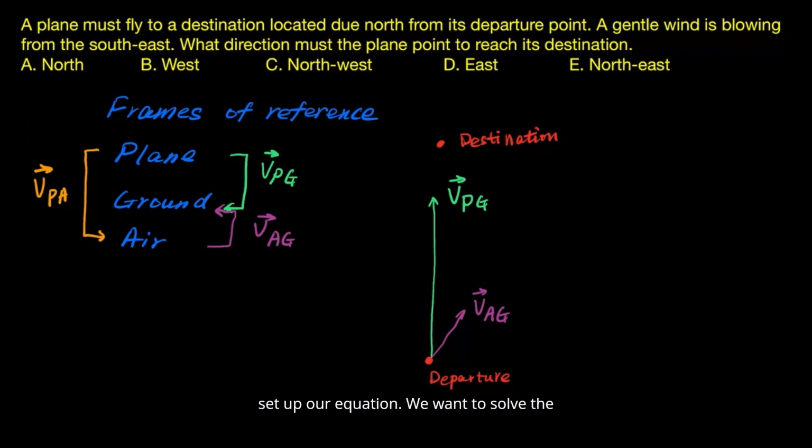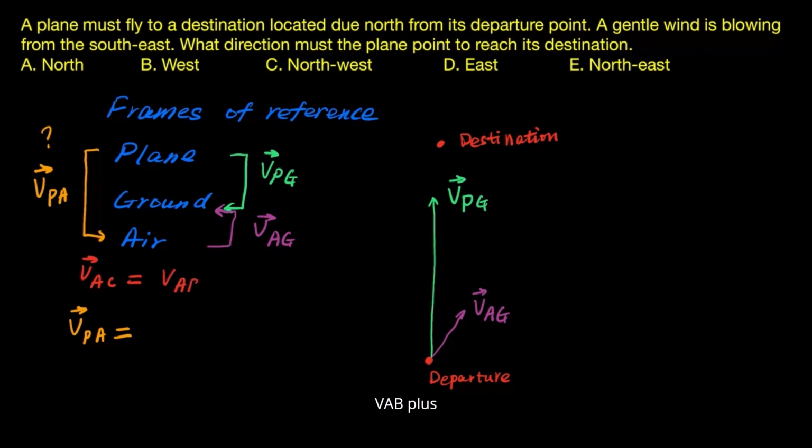Now let's set up our equation. We want to solve for the velocity of the plane relative to the air, which is Vpa, so we put it on the left side of our equation. Vpa equals, what do we write on the right side? Remember, when we set up a relative motion equation, we always have Vac, the velocity of object A relative to object C, equals Vab plus Vbc.